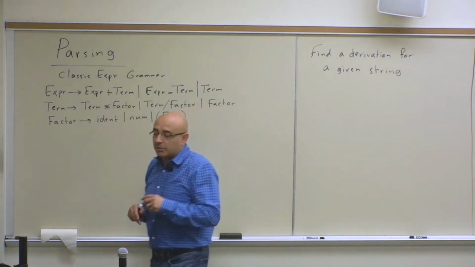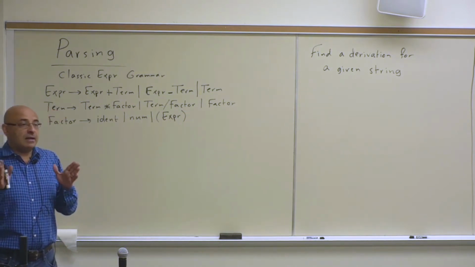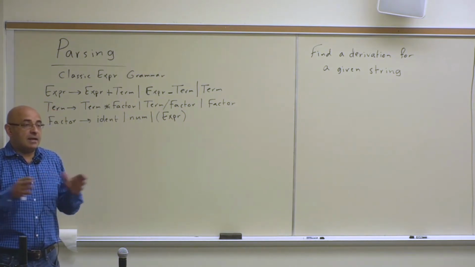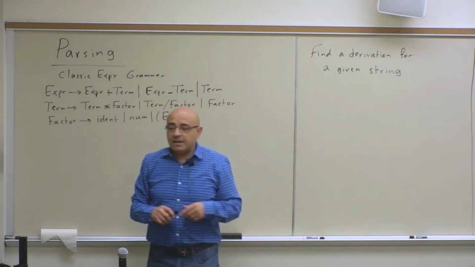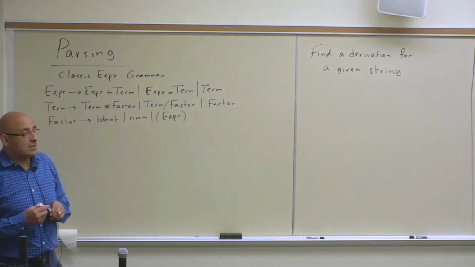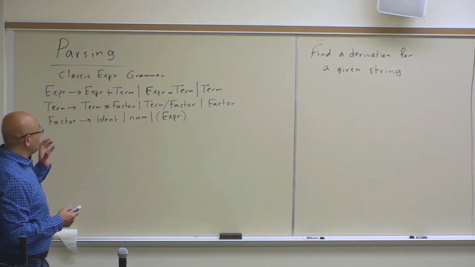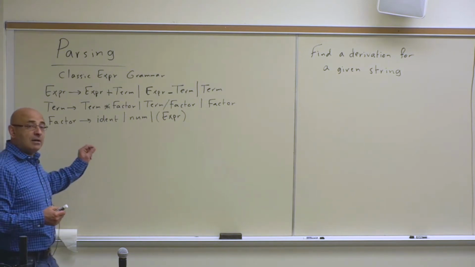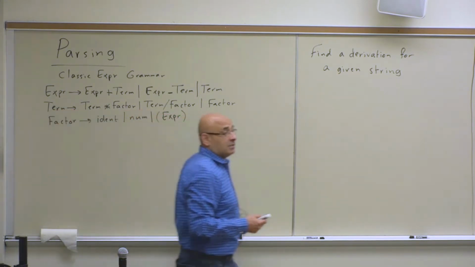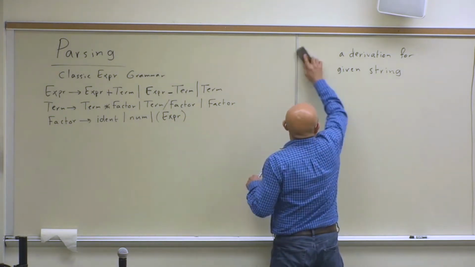Last time we talked a little bit about a grammar for an assignment and for a statement. We will do more of that later, but for now we focus on the expression. So basically the parsing problem is: given a string and a grammar, see if you can find a derivation for this string.